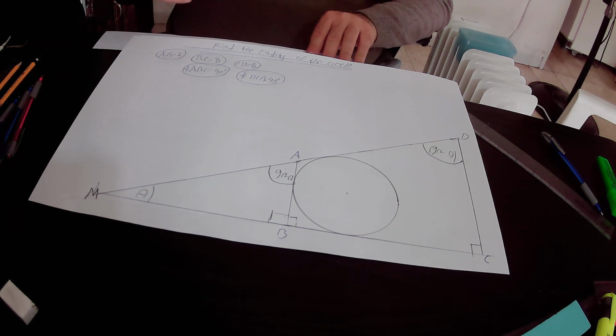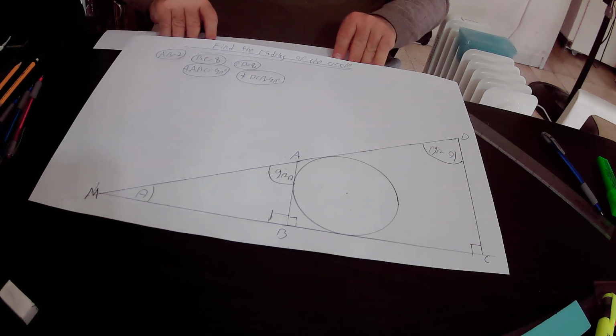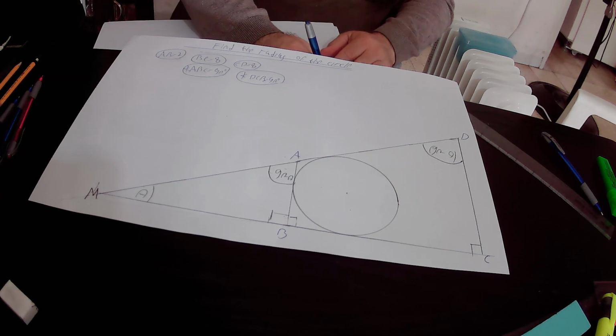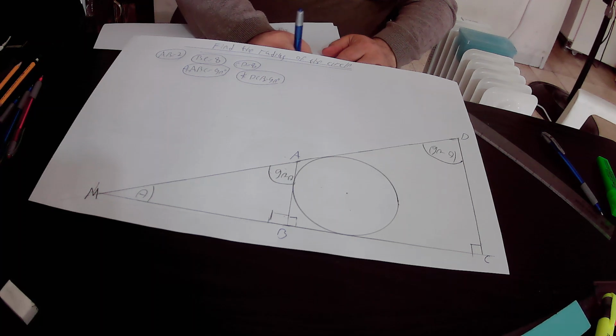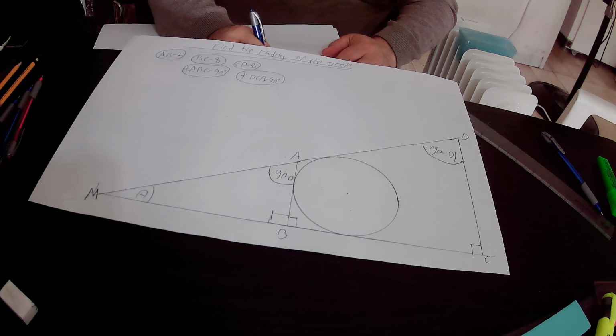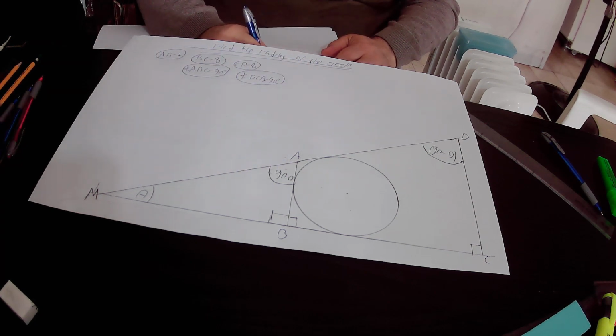The big right triangle MDC is similar to the small right triangle AMB. This small right triangle.